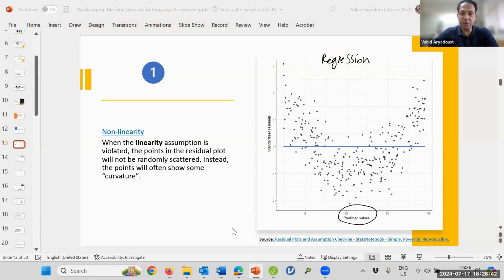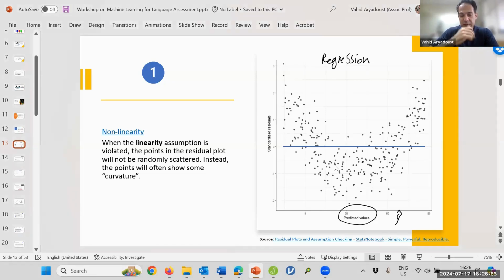Yeah, but there was a term for it. There was a mathematical symbol for predicted values. Yeah, good, y hat. Awesome. So predicted values are y hats. Okay? And we plot them against standardized residuals.